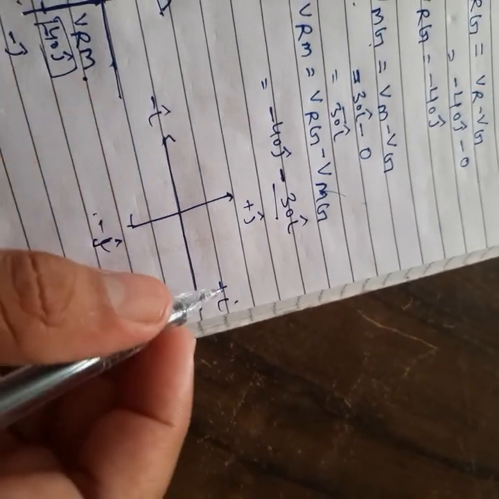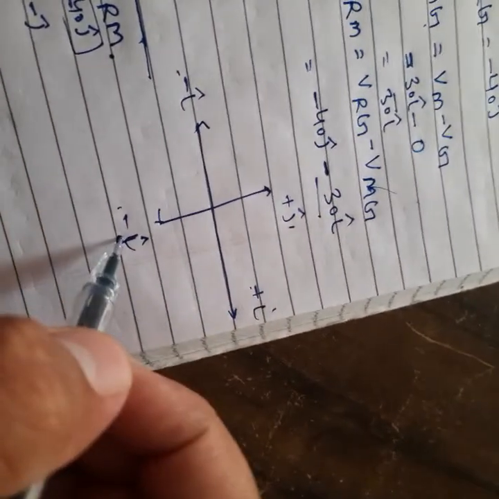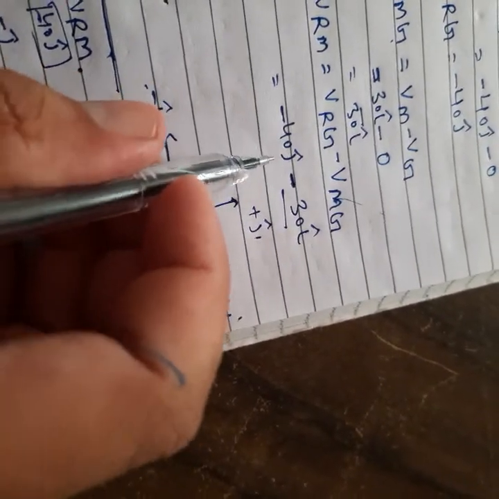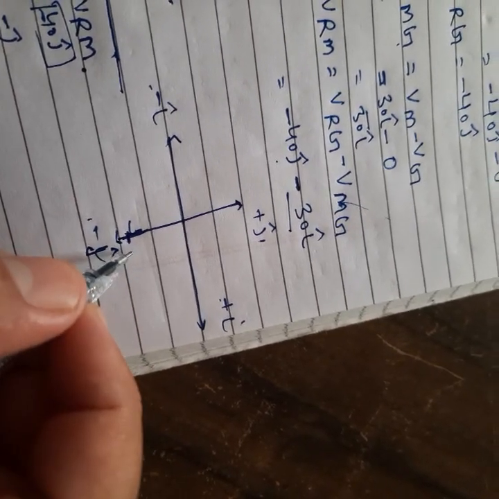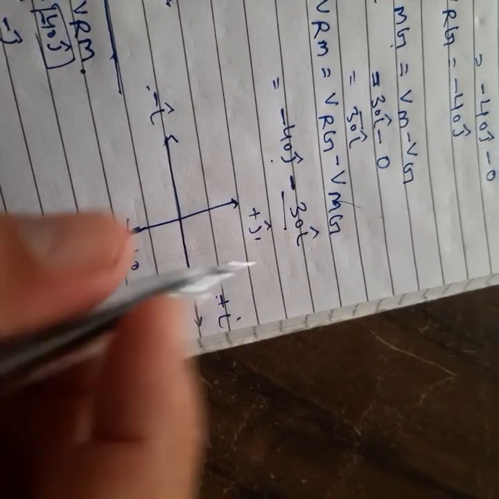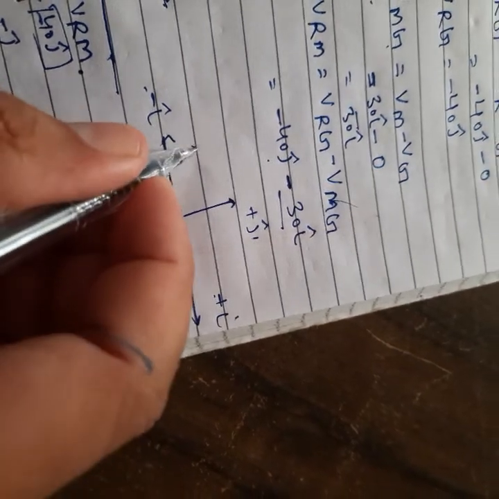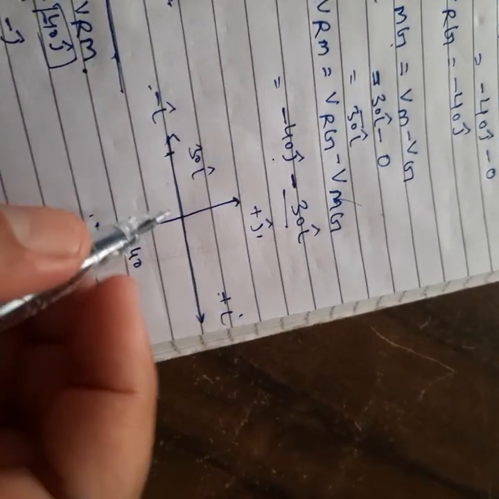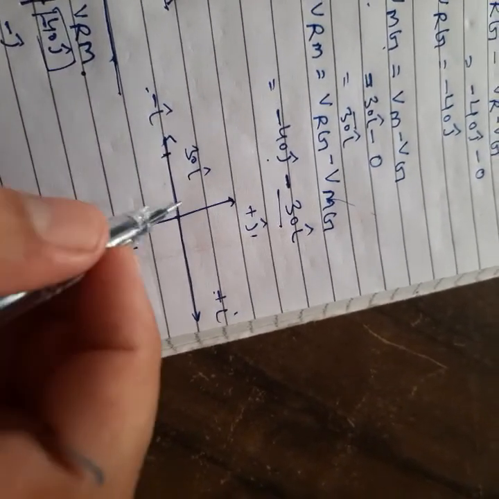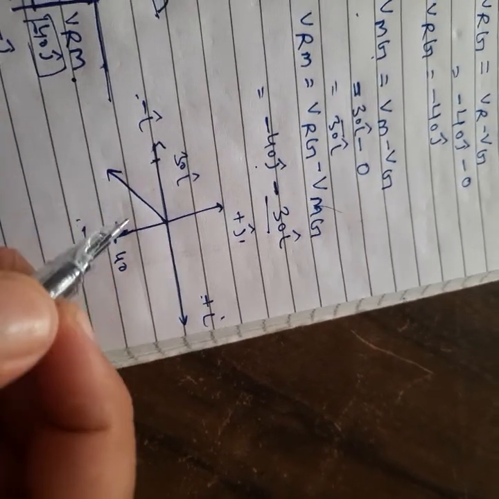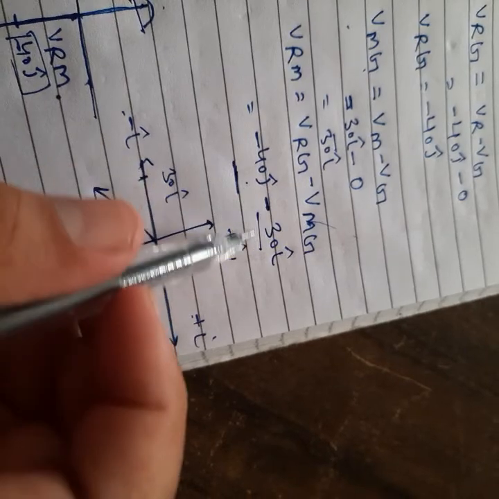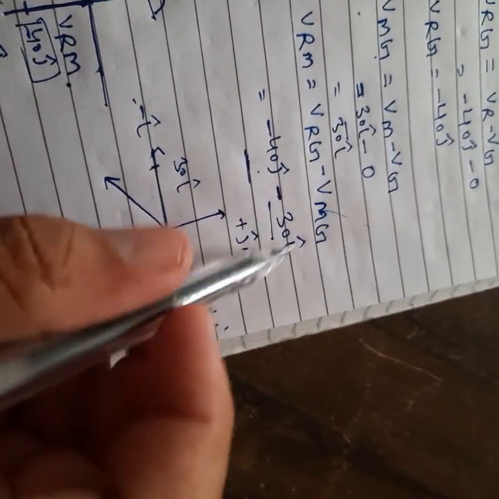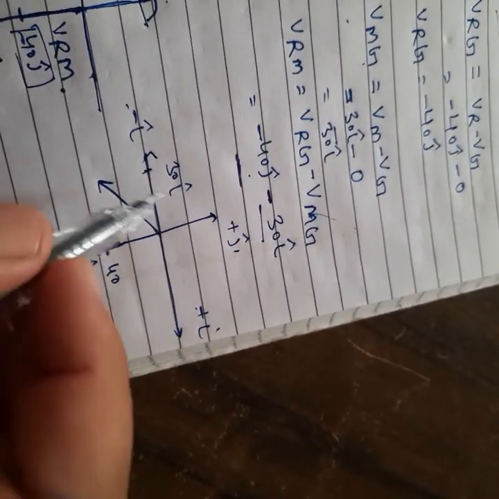Minus I means plus I; minus 40j. So we will get this point here, 40, minus 40. And 30i we will get here, 30i. So we will find out the resultant of both in this direction. This is the 40, that is j. Clear? And this is the 30. Connect both.